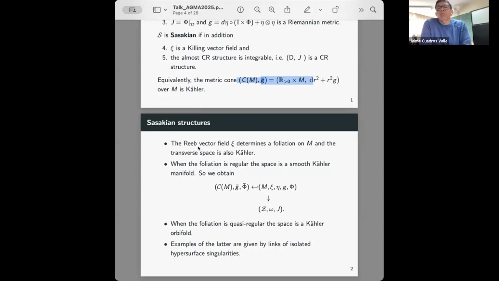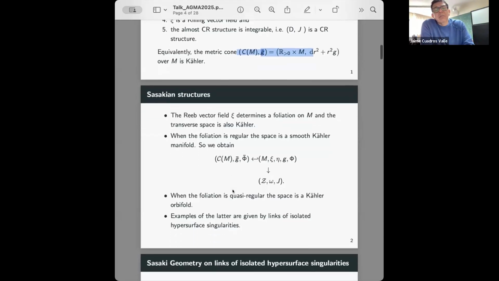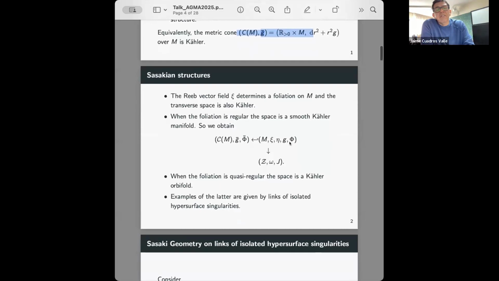So when the Reeb vector field defines a regular foliation, then the quotient is a manifold, and one obtains this interesting diagram that tells you that you have a manifold with all these tensors that is called Sasakian, but it's related by two Kähler geometries.